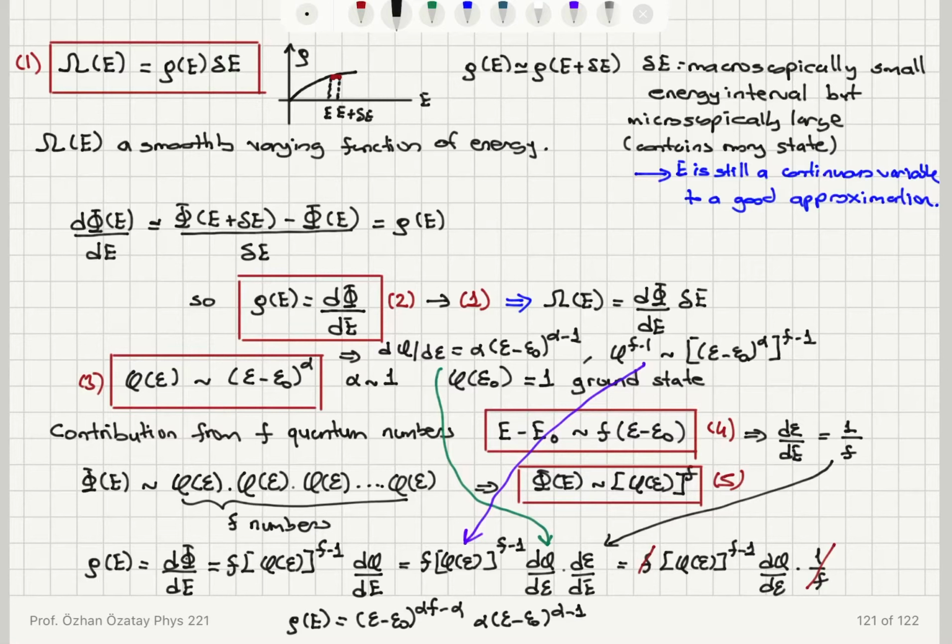So this is going to tell me that because alpha is of the order of 1, basically I can neglect this term here.